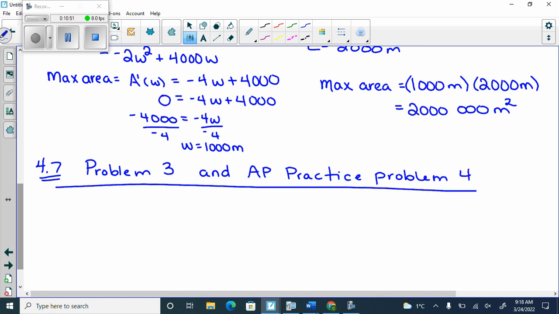Okay, that's example 1. There are 3. For that one, we maximized area. The next one, we're going to maximize volume. And the third one, we're going to maximize cost. So example 2.